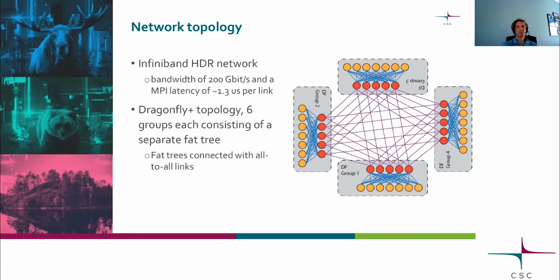Within this group, there is a so-called fat-tree topology, and all these groups are connected with all-to-all links. We don't have that much real benchmarking of how this affects the performance when you really run at large scale.